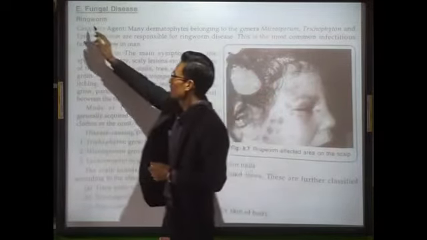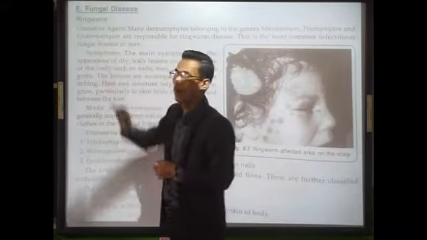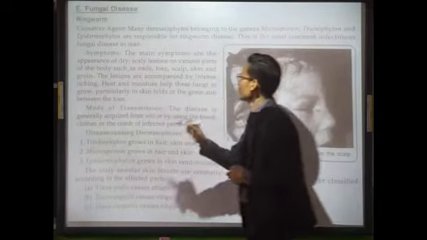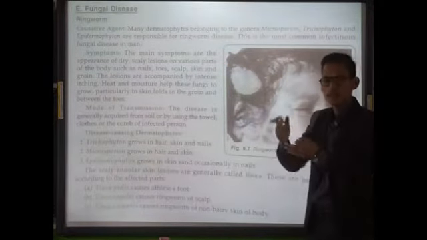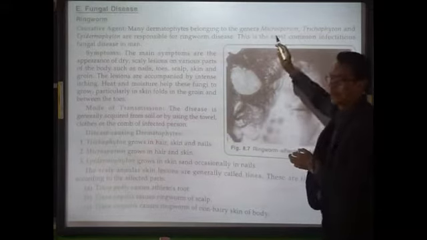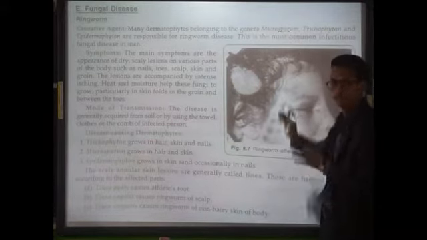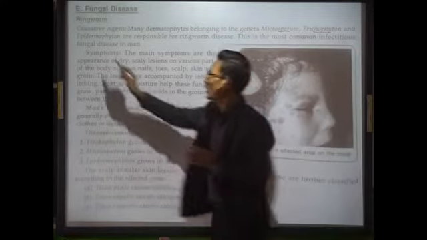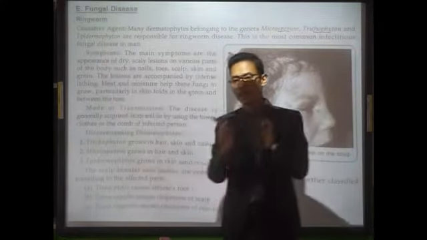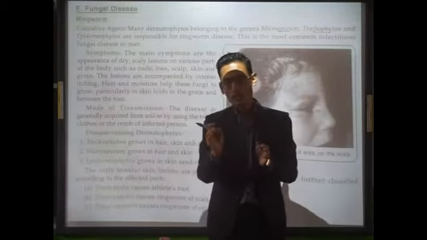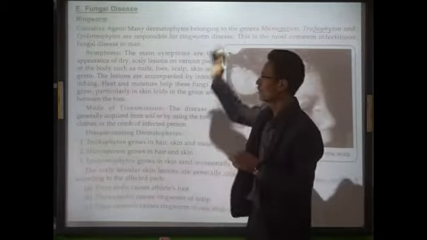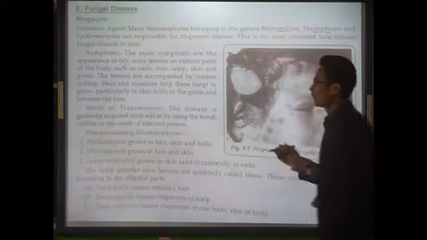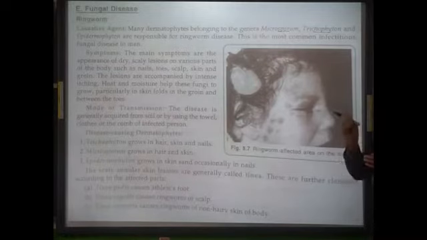The fungal disease ringworm is mainly caused by these fungi, belonging to the genera Microsporum, Trichophyton, and Epidermophyton. So kindly remember the generic names of the fungi which are responsible for causing the fungal disease, that is ringworm.